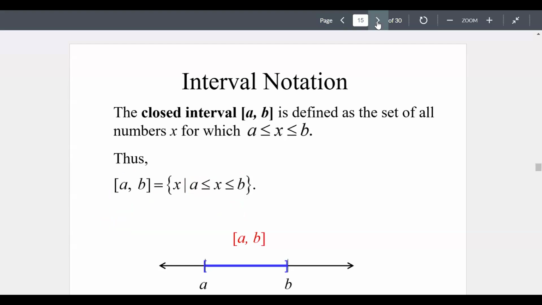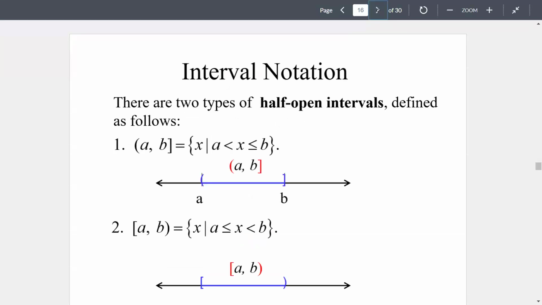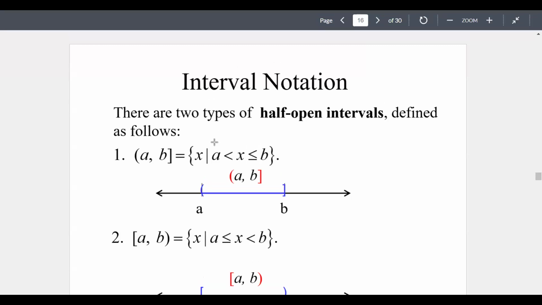We can have intervals that are open and closed, like open on one end and closed on the other, or vice versa. We call these half open intervals. So if we have a number that is less than or equal to b, but strictly greater than a, then what you notice here is that because it's strictly greater on this side, you're going to use a parenthesis there. And because you have that equals part on this one, you're going to use a bracket on this end.